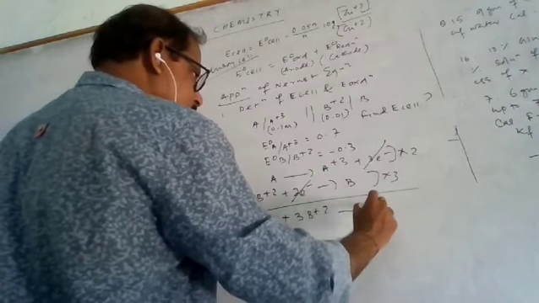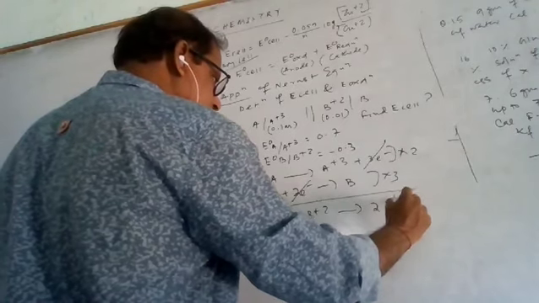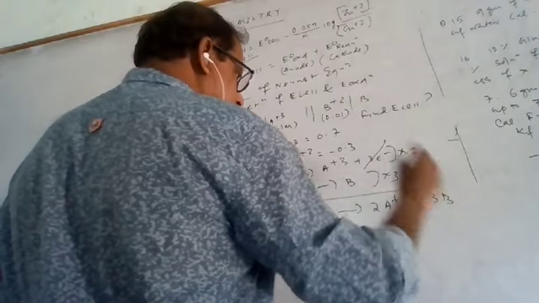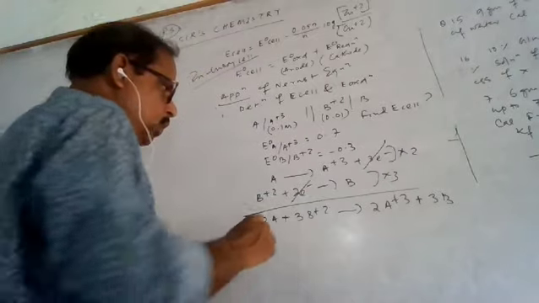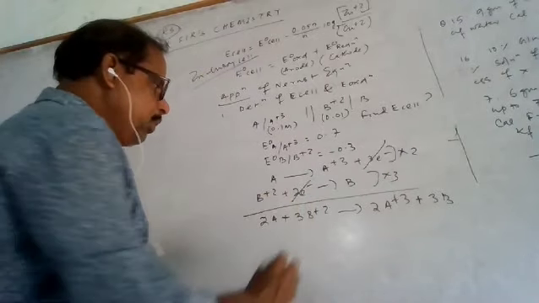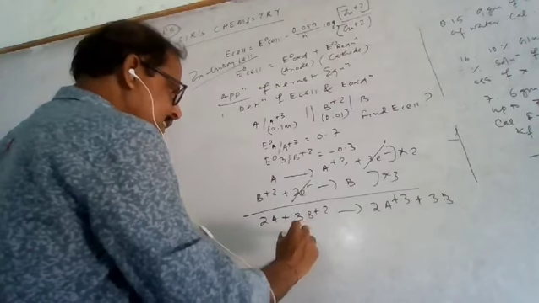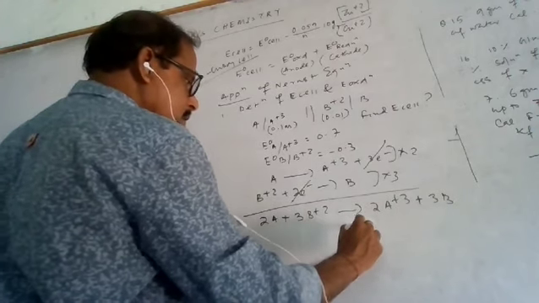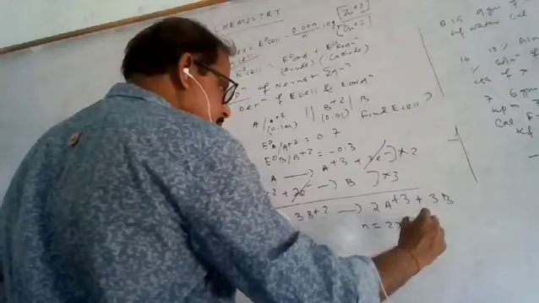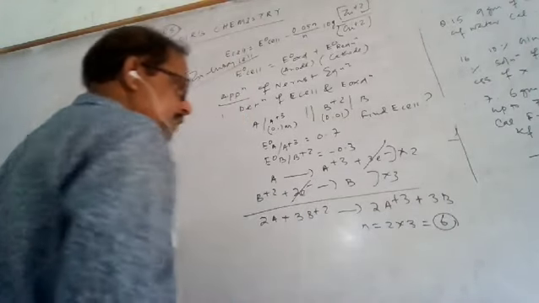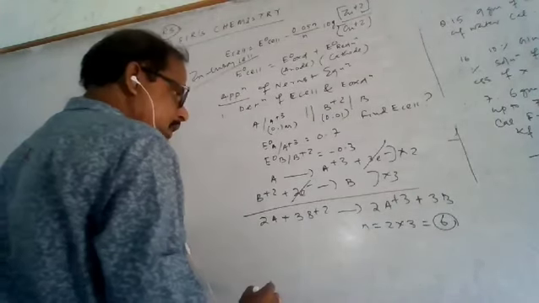It will be converted to 2A plus 3 plus 3B. So the number of electrons here, n, is equal to 2 into 3, that is 6 electrons exchanged here.